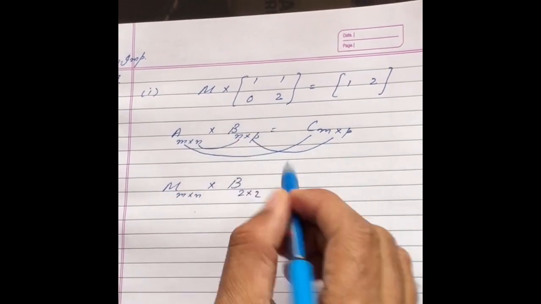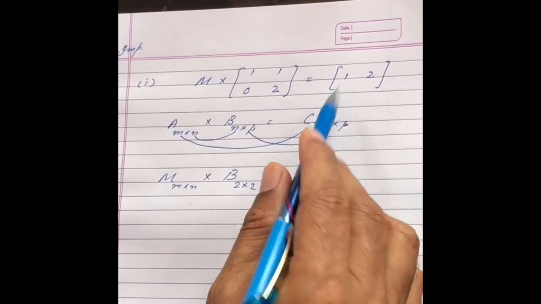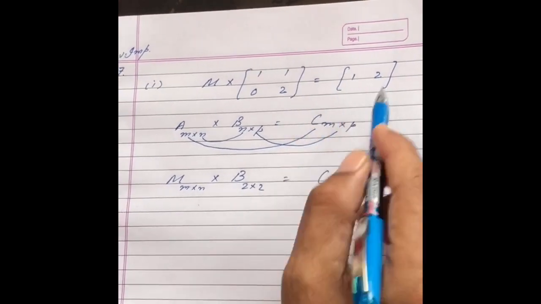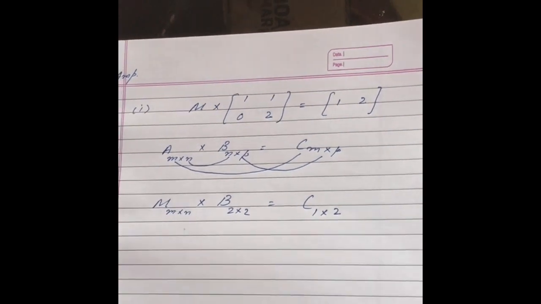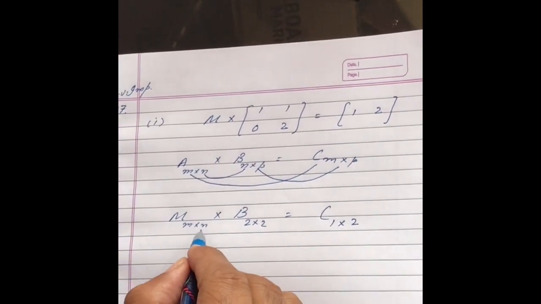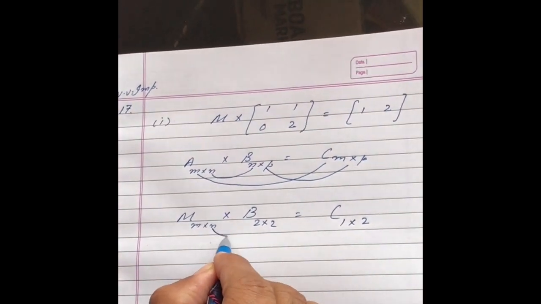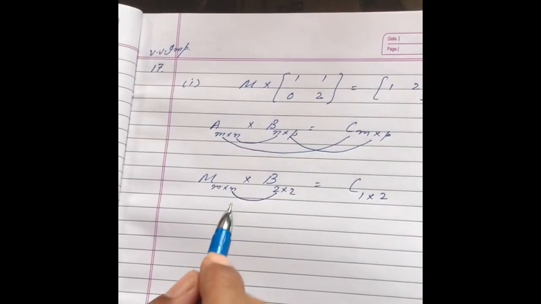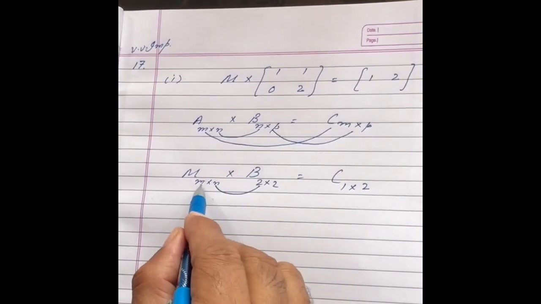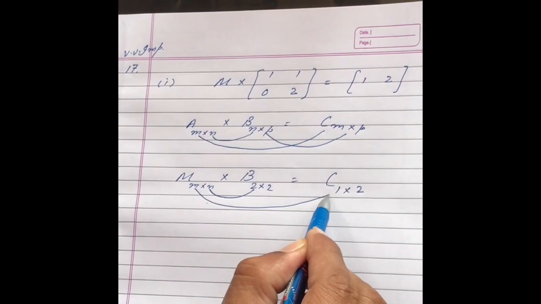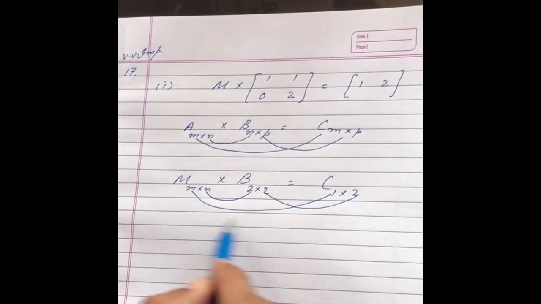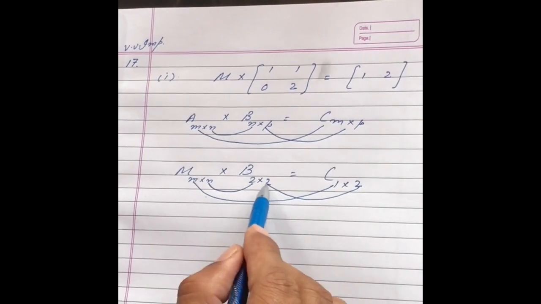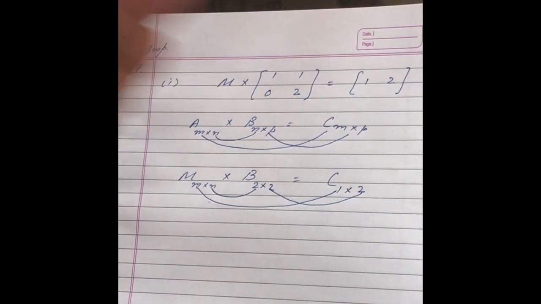The order of this matrix is 2:2. The order of the answer matrix is 1 row, 2 columns, 1:2. So the number of columns of the first is equal to the number of rows of the second. The number of rows comes from the first matrix, the number of columns from the second matrix.